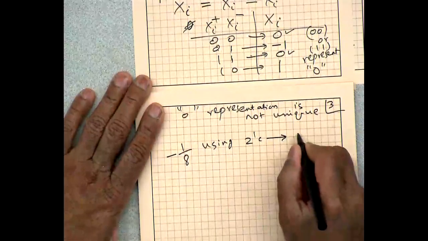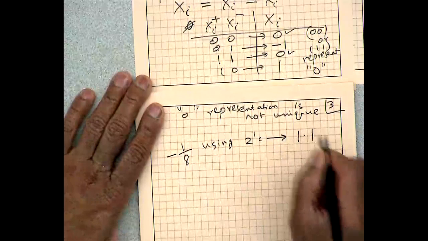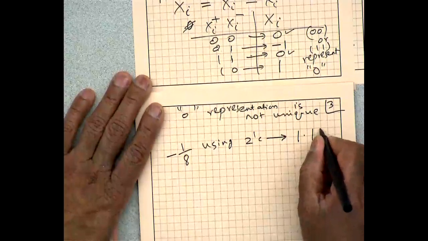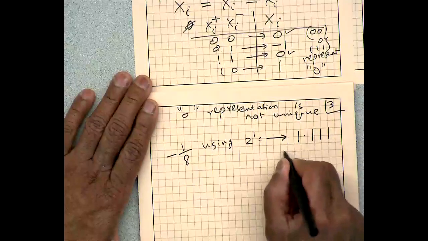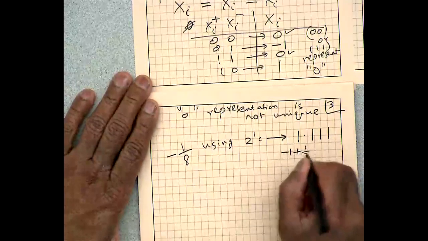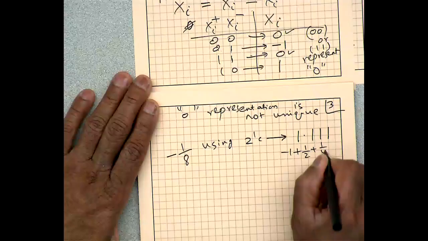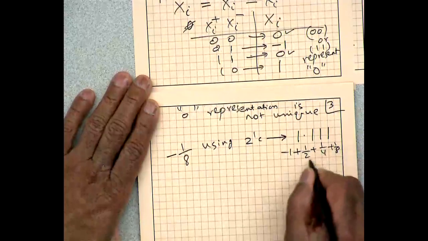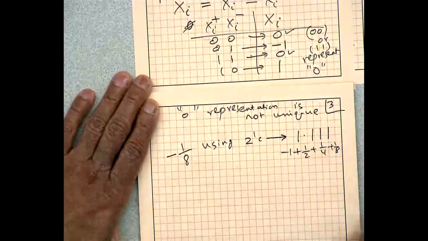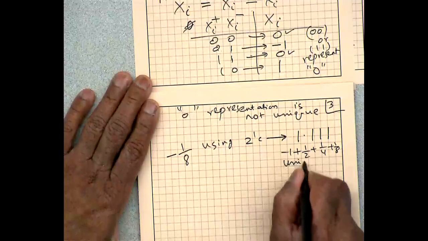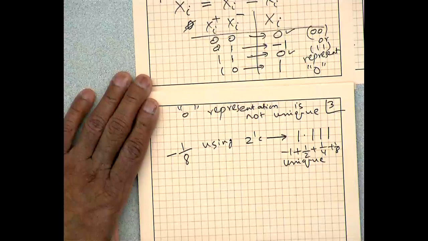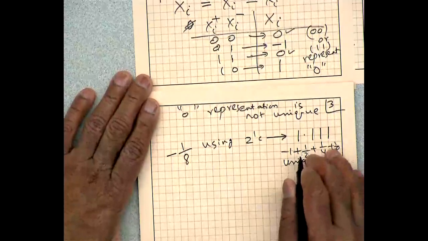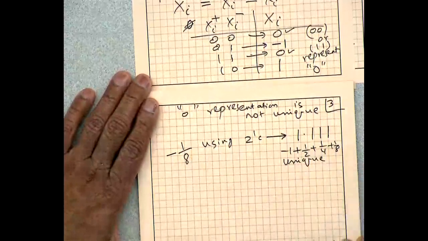That would be minus 1 plus a half plus quarter plus 1/8. So minus 1 plus 7/8, which is minus 1/8. And this representation is unique. It is not redundant. It's a unique representation of minus 1/8.